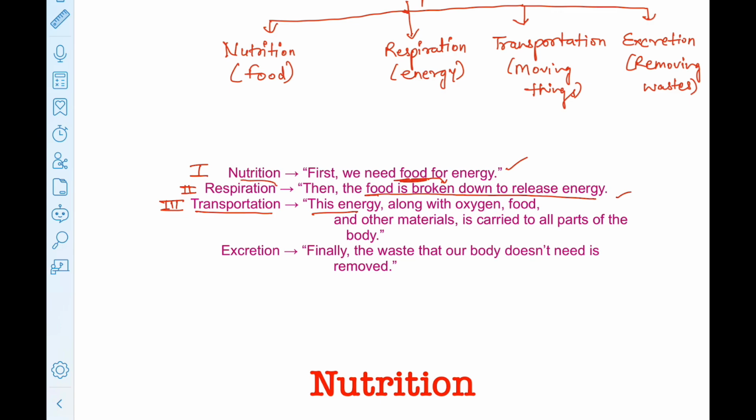So the energy provided by respiration, along with oxygen, food and other materials, is carried to all the parts of our body. And final is excretion. So the waste that our body doesn't need is removed. So these are the 4 basic life processes.